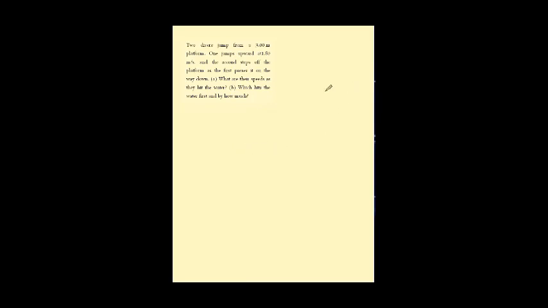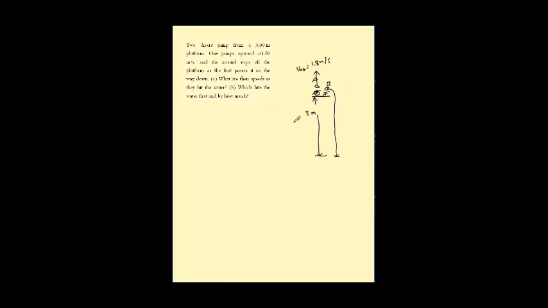So in this problem we have a platform here which is 3 meters height, and we have two divers, diver A and diver B. Diver A jumps upward at speed v0A equals 1.8 meters per second, and diver B slips off the platform as diver A passes him.